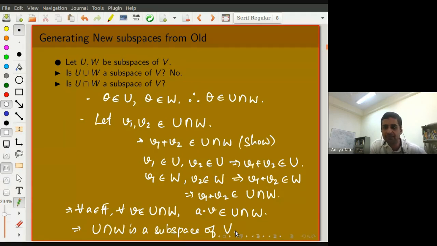Would HK be a subgroup of the group G? Many of you recall this. I give you two subgroups H and K of a group G. Would the subset HK also be a subgroup?